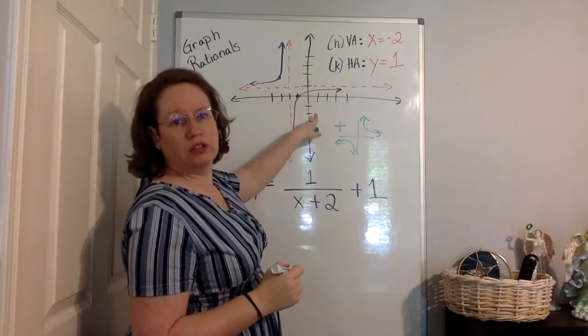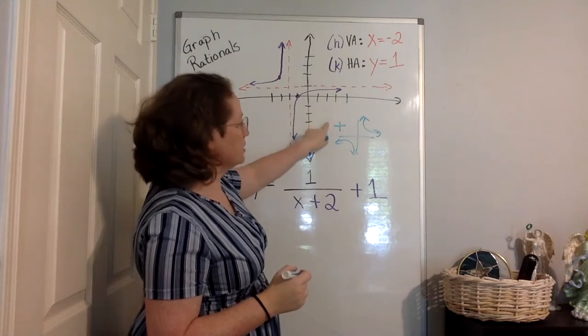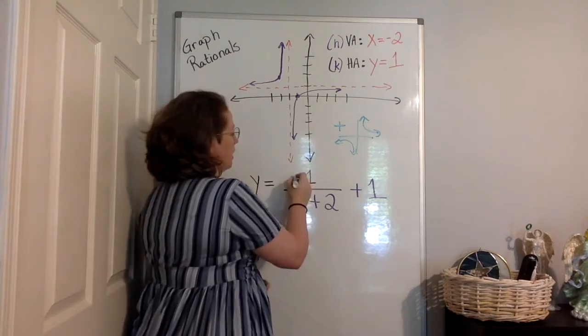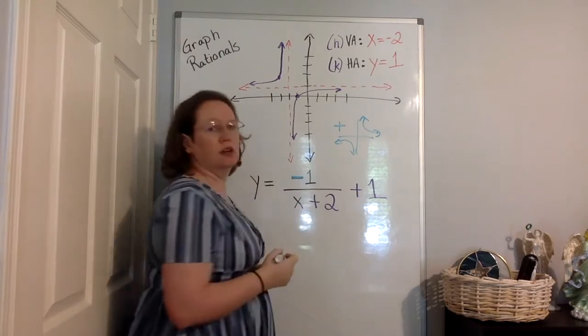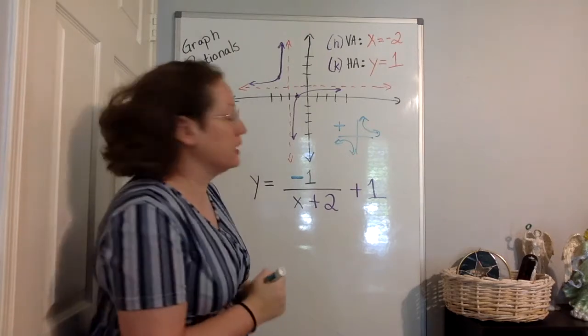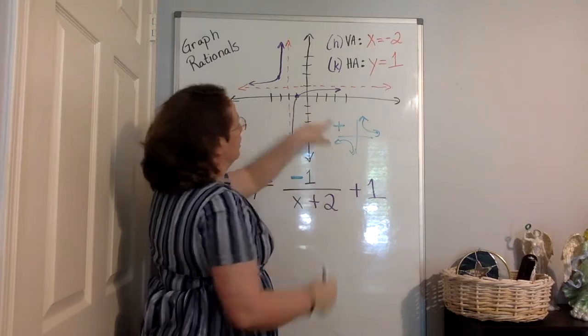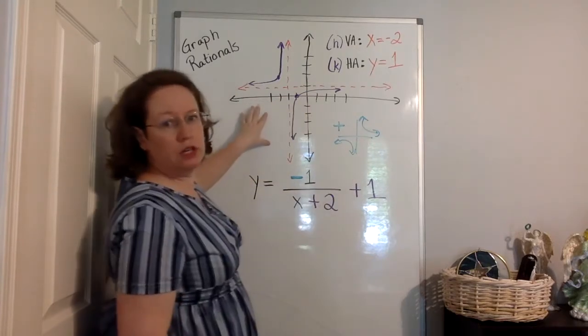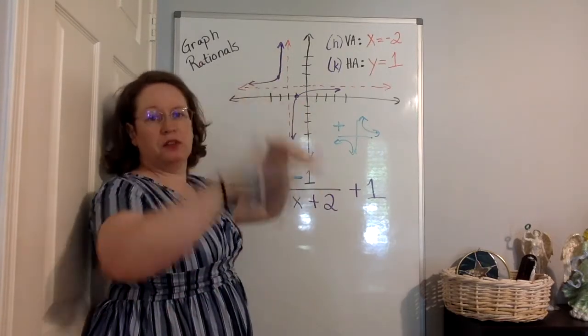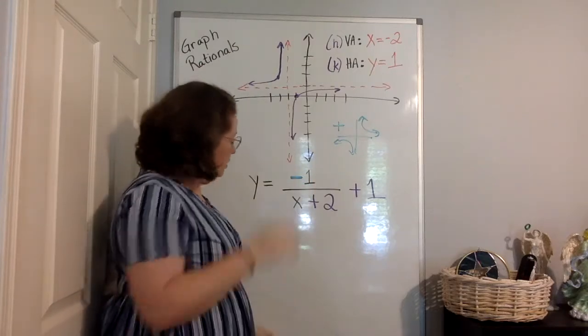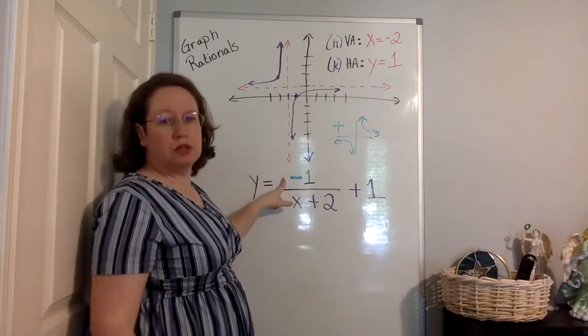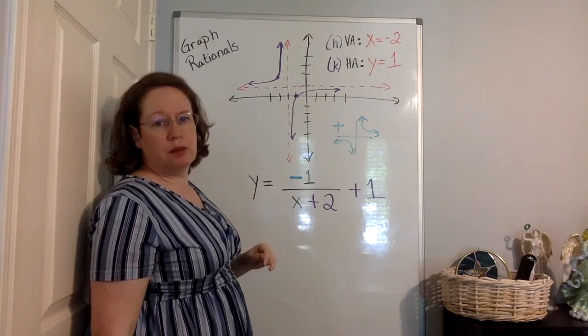No, mine's switched. The left side is on the top. That means I have to put a negative sign right here. That means that my curve has been reflected. It's been flipped. The top part moved down here, and the bottom part that would have been over here moved up top. So it's flipped upside down, okay? So I'm only going to use a +1 or a -1. You don't have to stress about that.